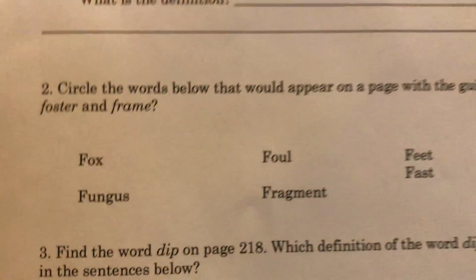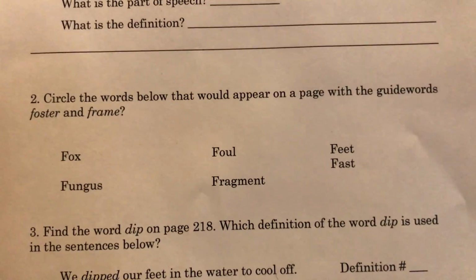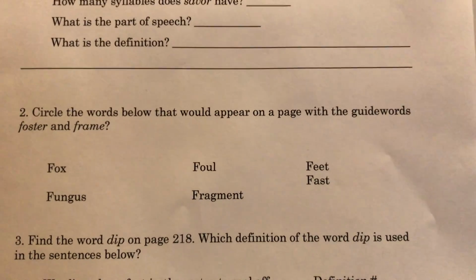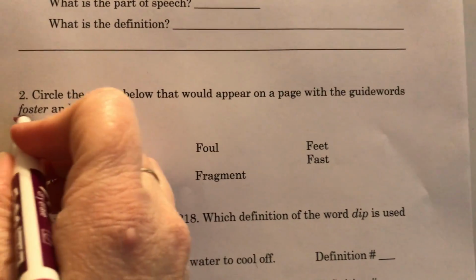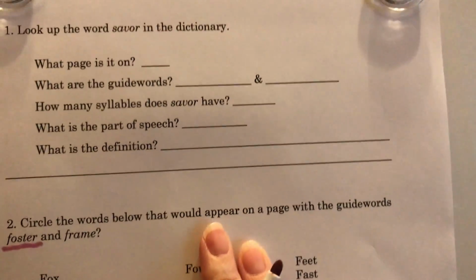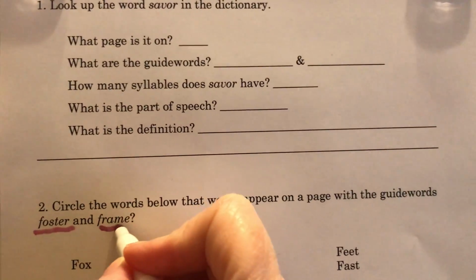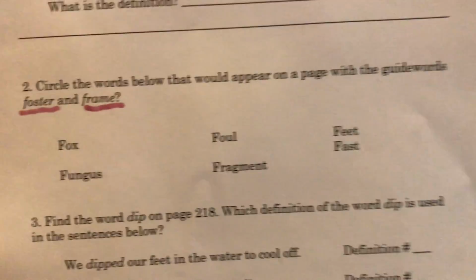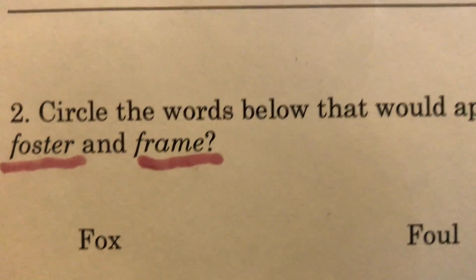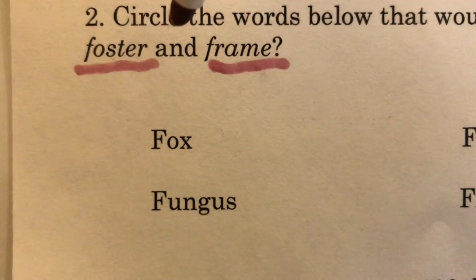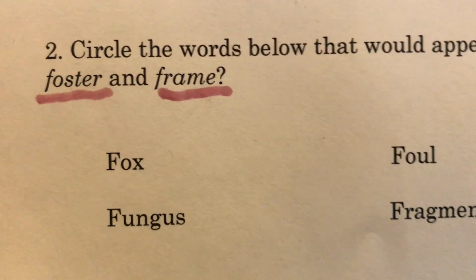Okay, remember, when you're looking at a dictionary, at the top you have 2 guide words. So this one we're looking for foster and frame. Here we have FOS and FRA, and the word would need to be in between those 2 to be on the page.